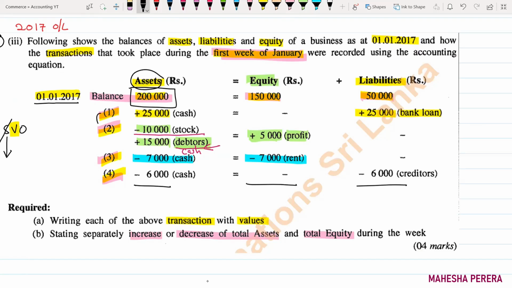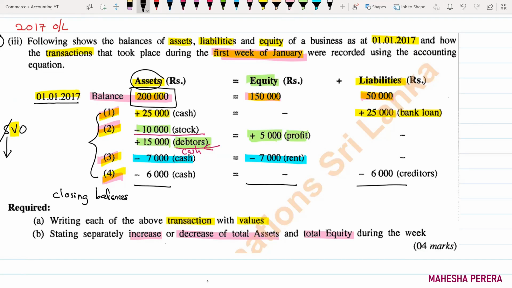Once these 4 transactions took place, what happens? What is the value of assets now? So you call this the closing balance. Can you remember? So what is the closing balance of assets after these 4 transactions?